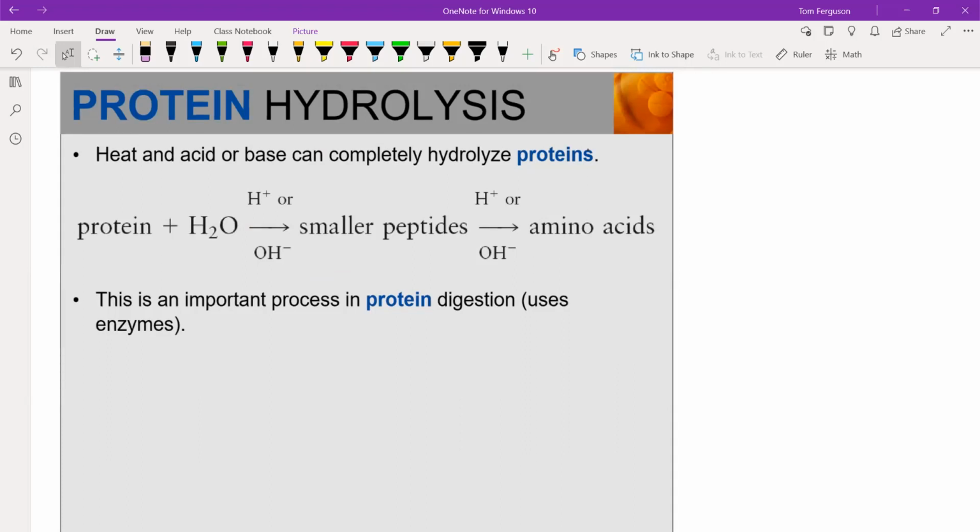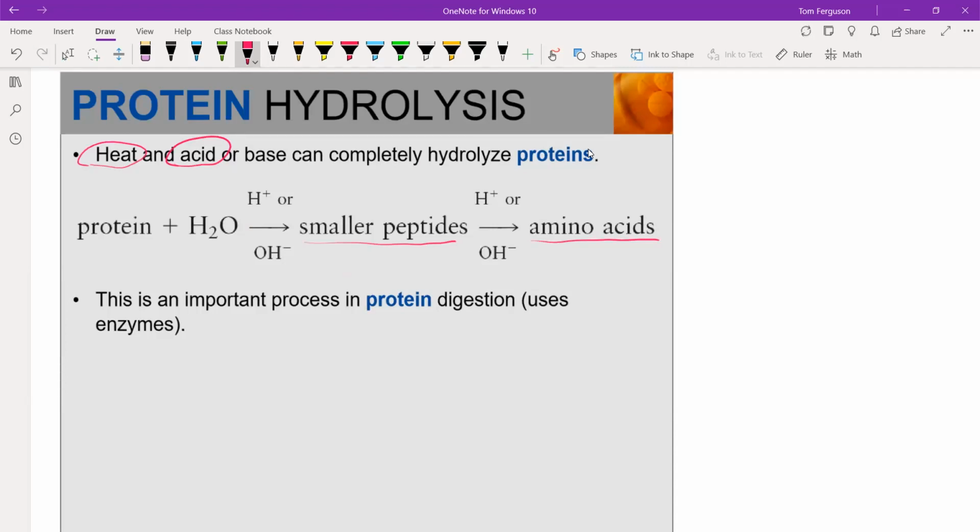Okay, as I've been talking quite a bit, we can hydrolyze protein or denature the protein through pH differences, like we do with ceviche and acid, or we can heat the protein, as in cooking. What happens is the protein is then hydrolyzed to smaller peptides and then eventually to single amino acids.